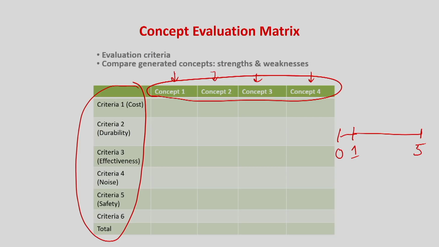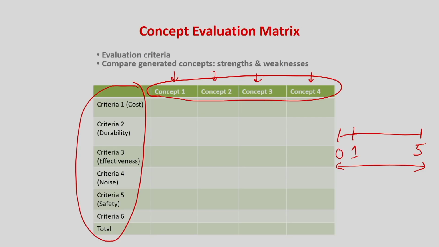Now, what I want you to do is take each concept and provide a score on the scale of 0 to 5. You can give negative also if it is the other way around, and provide those scores in the respective criteria for each concept.